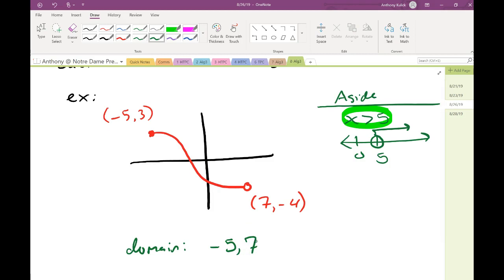All right. Now I need to look at whether I should use a bracket or a parenthesis. If I look at where the -5 comes from, I notice that that point is filled in. That means that point is included in the graph, which means it should be included in my domain, which means I should use a bracket.